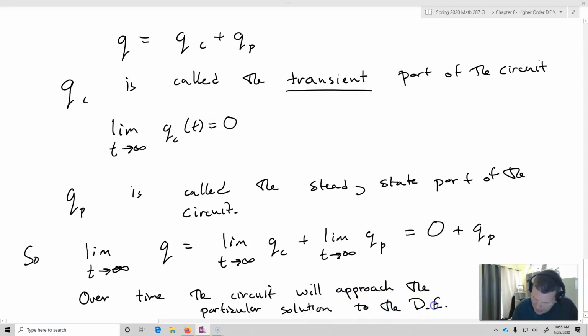That's just simply what's going to occur. So we've got the transient part, the part that eventually fades away to nothing over time inside the circuit. And then we have QP, which is basically the solution to the differential equation because you're pumping in EMF. So over time, you're just going to get that steady state. You're going to get QP back.